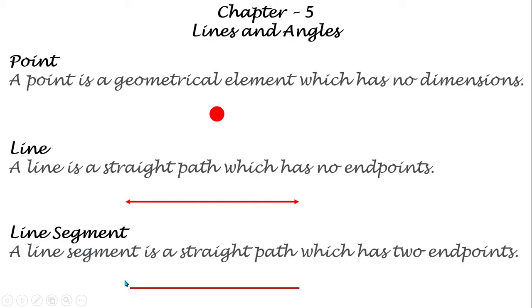A line segment has a fixed length. This one is the starting point and this one is the ending point, and it can be measured. Understand?